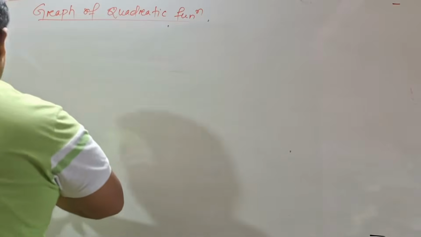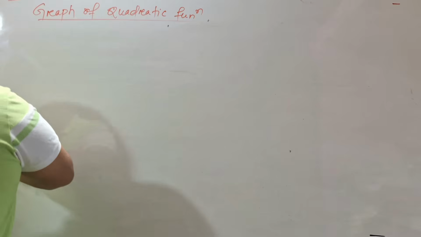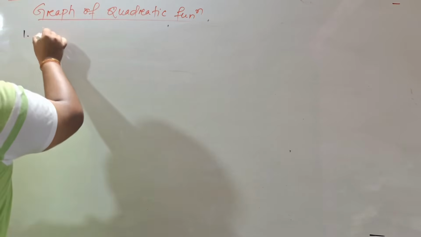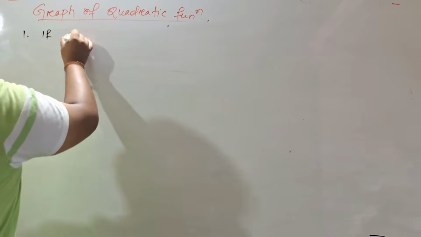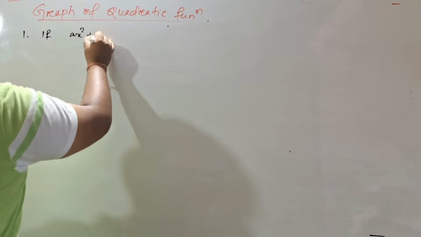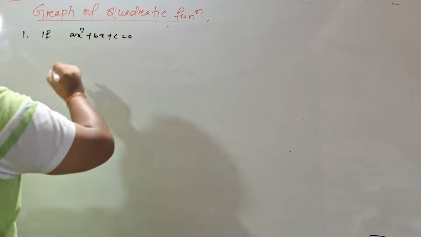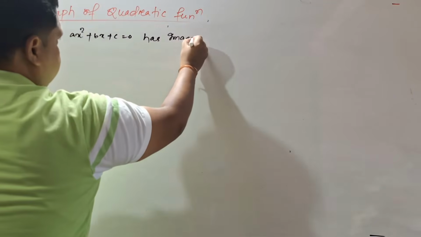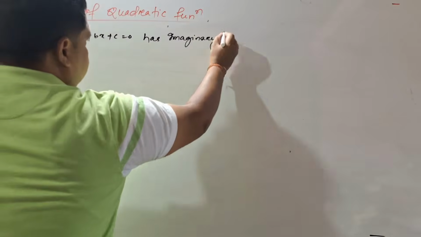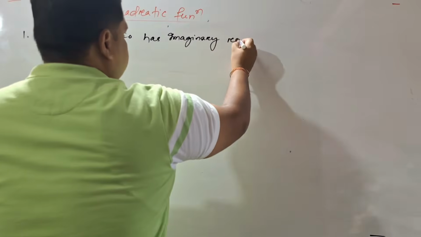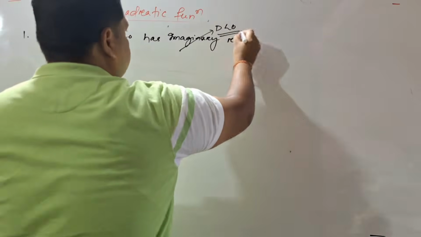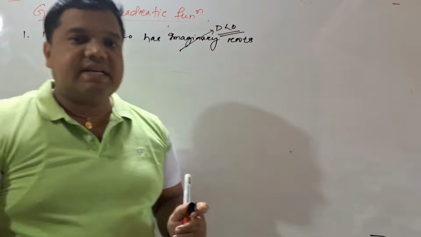Question number 1. If a quadratic equation ax square plus bx plus c equal to 0 has imaginary roots, imaginary roots means D is less than 0, and the parabola does not cover the x-axis.